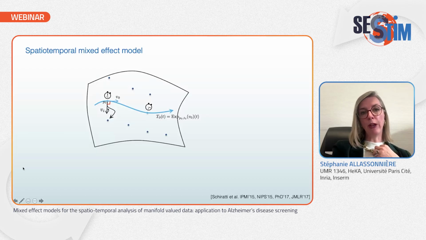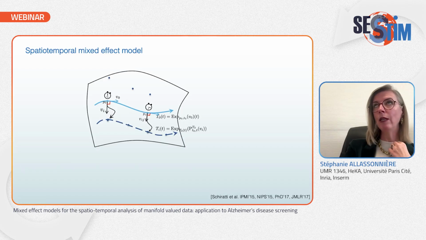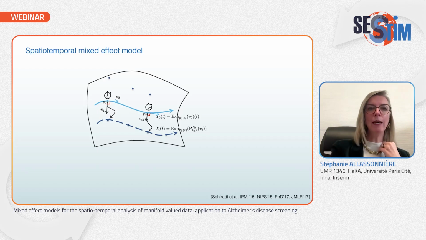We have a vector on the manifold that shows us exactly where we have to shoot to reach this point. Then, to have the whole curve, we design what is called a parallel curve, which means that the patient will follow a curve that is parallel to this representative trajectory. This is somehow exactly what you have if you're thinking about the paper twin of growth.